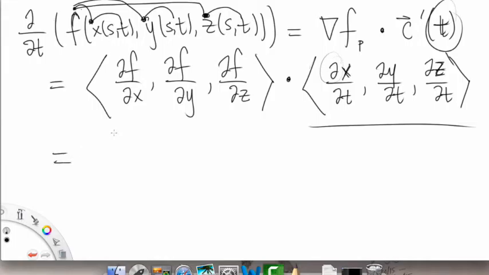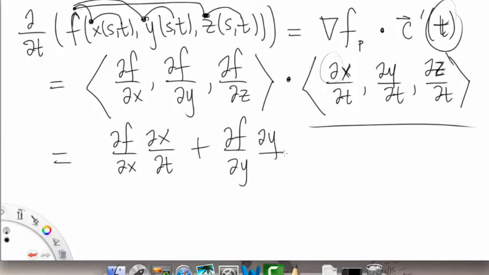And then the last line, if we just compute the dot product, what we would get is partial f, partial x, partial x, partial t, plus partial f, partial y, partial y, partial t, and lastly partial f, partial z, and then partial z, partial t.